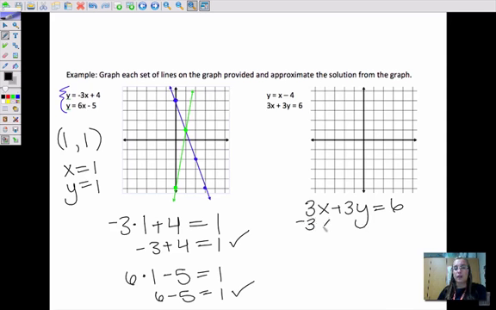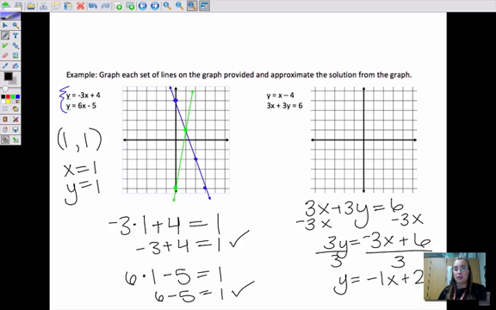I'm going to subtract 3x from each side to give me that 3y equals negative 3x plus 6 instead of 6 minus 3x, and then divide by 3, and I get y equals negative 1x plus 2. And now I can cross this one out. In my system, I would have negative x plus 2. That's my system.